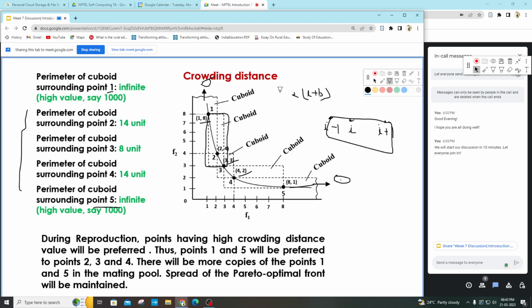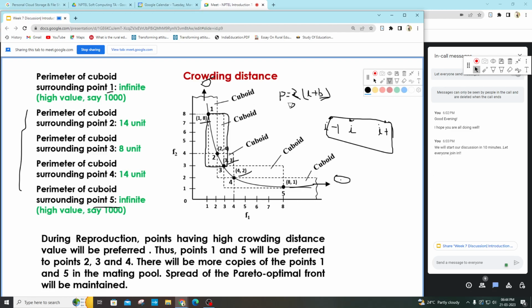This is the perimeter of a rectangle. So the length, how will we find out? This is (1,8) and this is (3,3). So 8 minus 3 is 5, right? And the breadth, how can you find out? Breadth you can find out is 3 minus 1, which is 2.